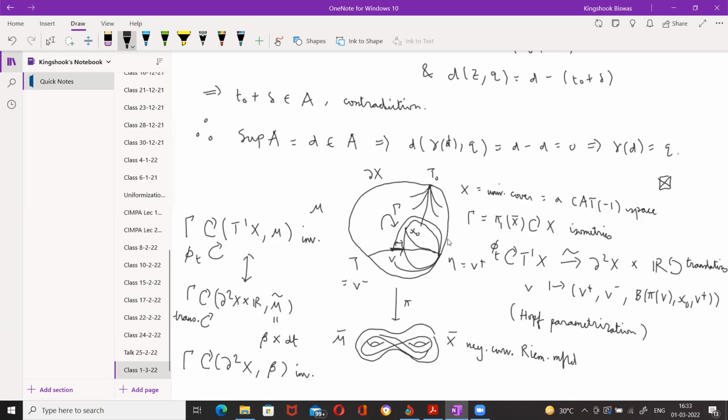So this is called a geodesic current. Any invariant measure will give you a gamma invariant measure on the pairs of points on the boundary of the universal cover, this space del 2x. So this is how they interact with the group.